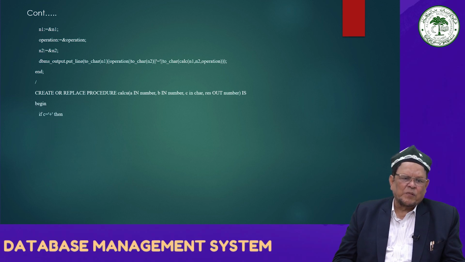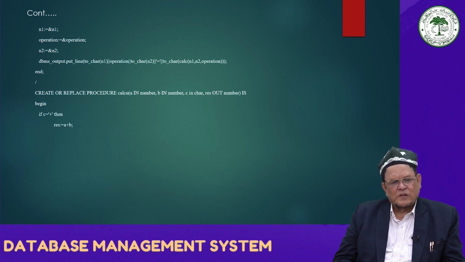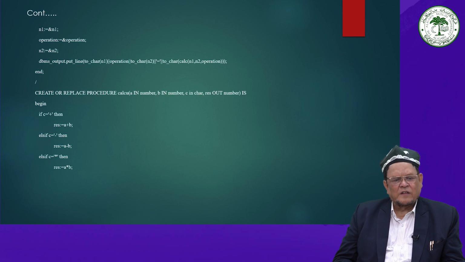And if C is equal to plus, the result is A plus B, and if minus, then result is A minus B, else if C is asterisk multiply, then result will store A multiply by B, else if C is divide by, then you write result A divided by B, end if. In this way we can get a procedure also, then end if.